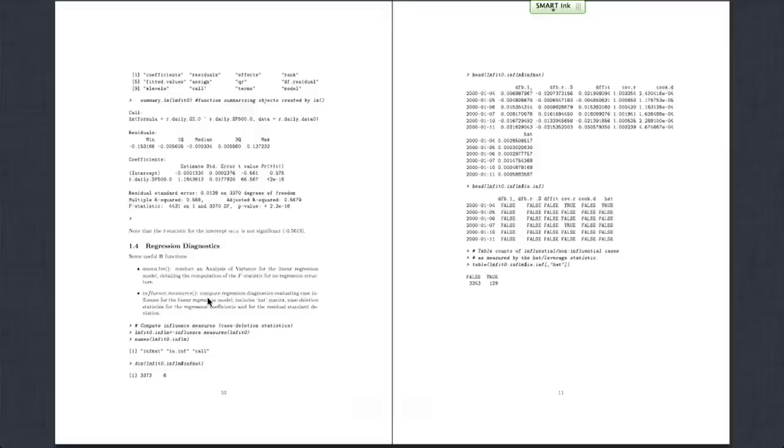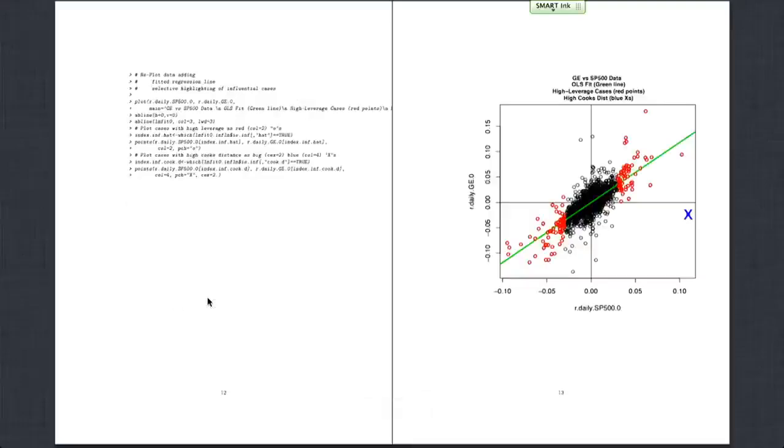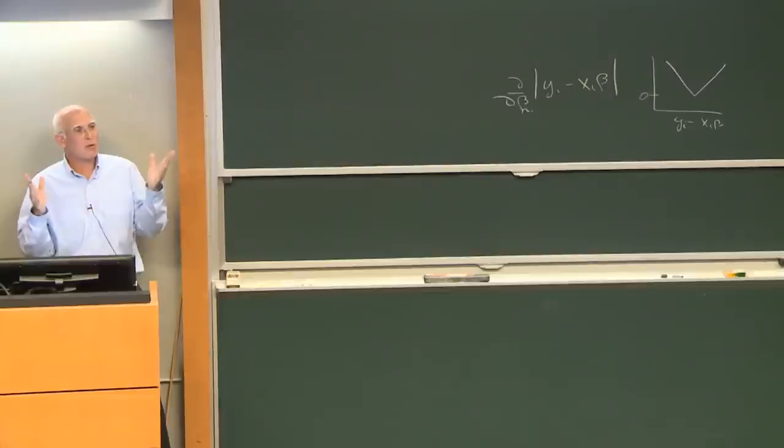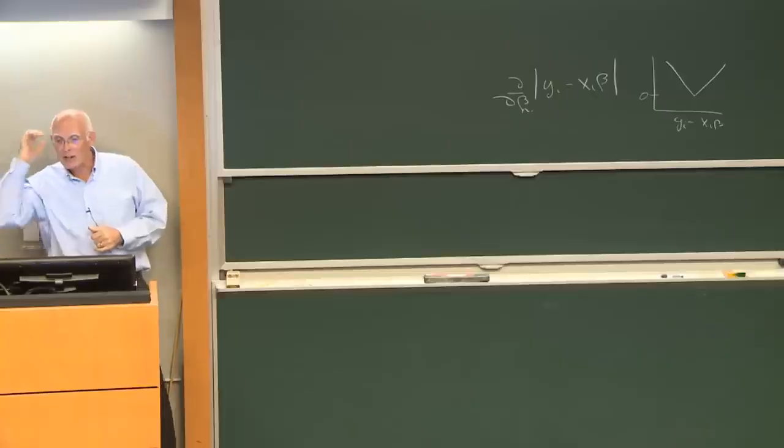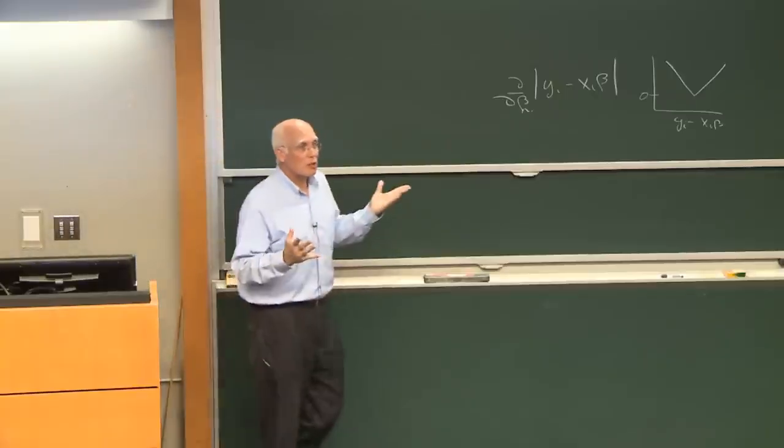There are regression diagnostics, which are detailed in the problem set, where we're looking at how influential individual observations are, and what their impact is on regression parameters. This display highlights, with a very simple linear regression model, what the influential data points are. I've highlighted in red those values which are influential.